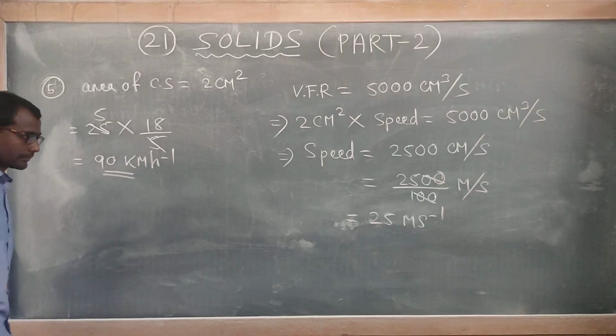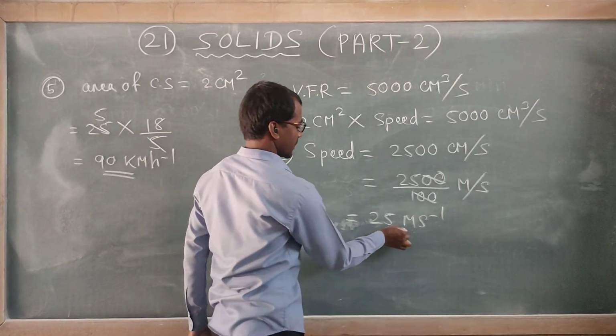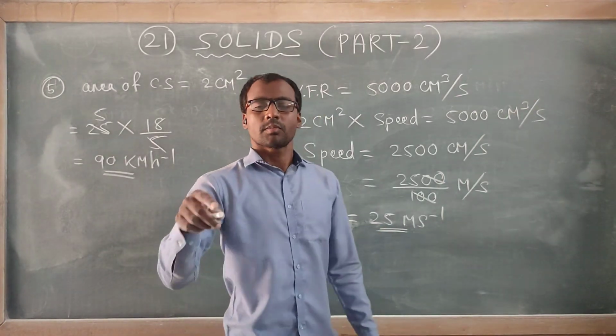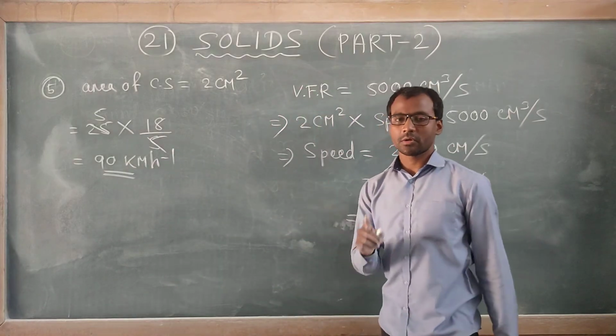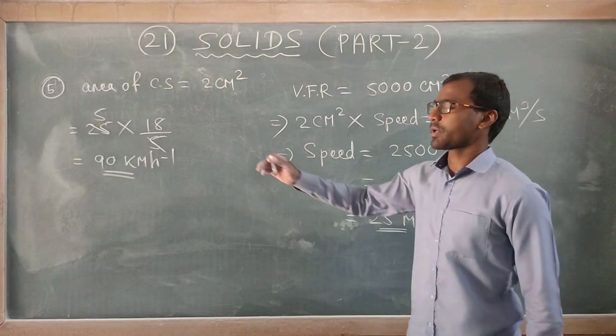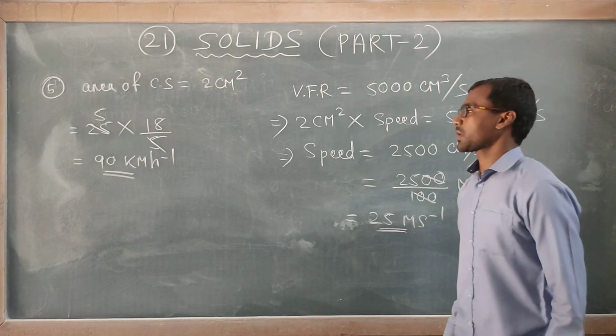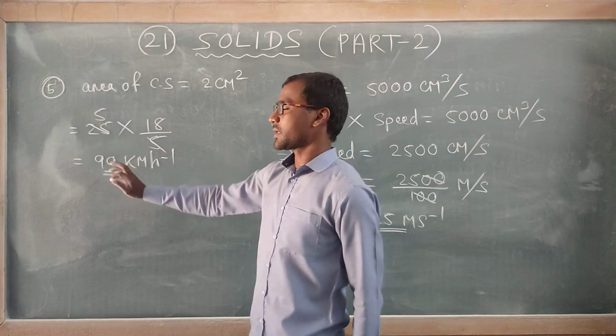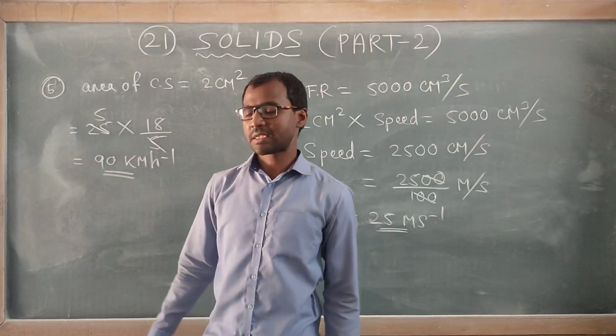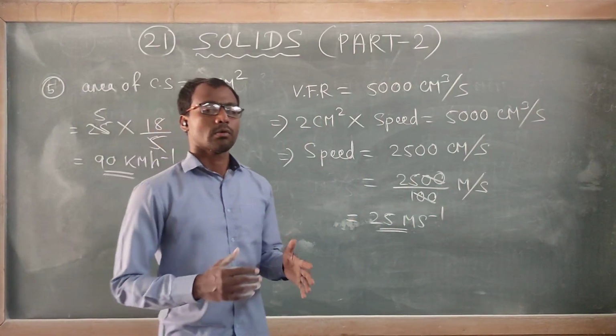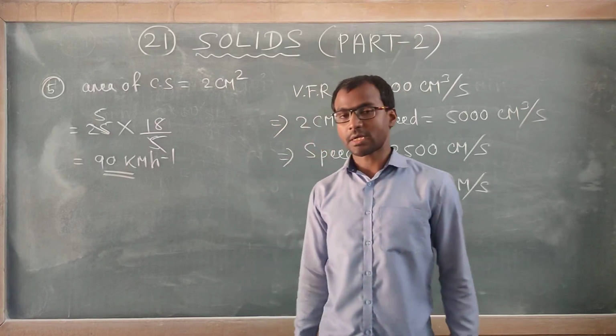Okay, actually according to the question, the meter per second value is the answer. We have been asked to find the speed in meter per second, not in kilometer per hour. I took it a little further. This is your final answer. But if you want, you can convert it to kilometer per hour. The answer will be 90 kilometers per hour. So it is definitely a hose pipe because water is flowing through it at a very high speed, 90 kilometers per hour.